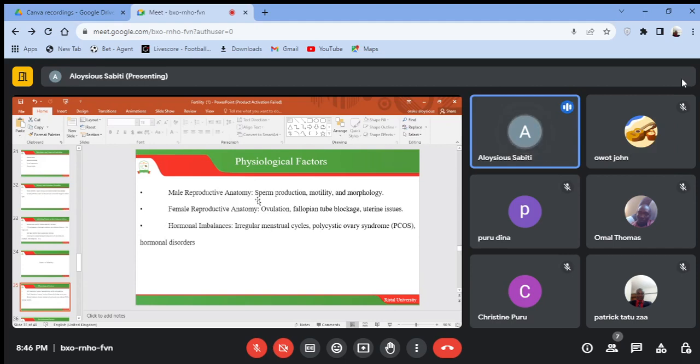Then they will come and complain to you that they are struggling to regain their fertility. So some of these hormonal imbalances are actually some of the causes of infertility. However, the hormonal imbalances can also be caused by uptake of modern contraceptives.